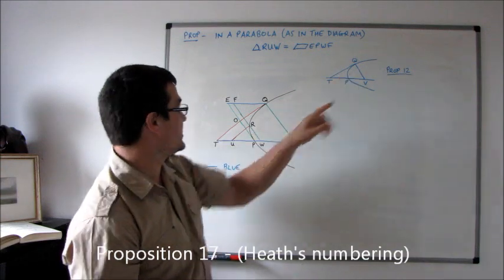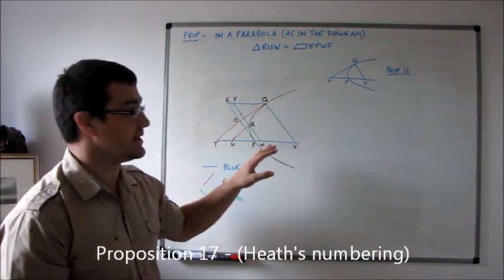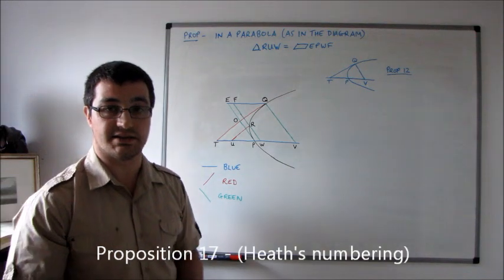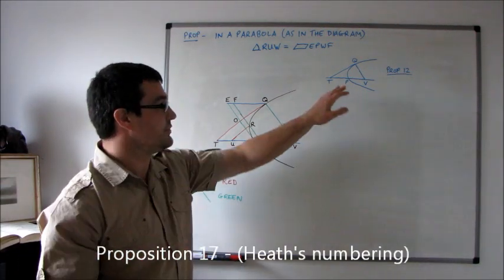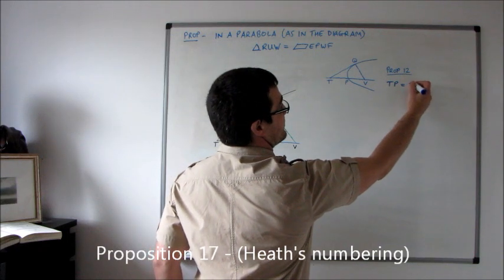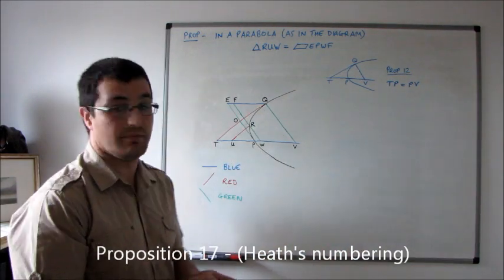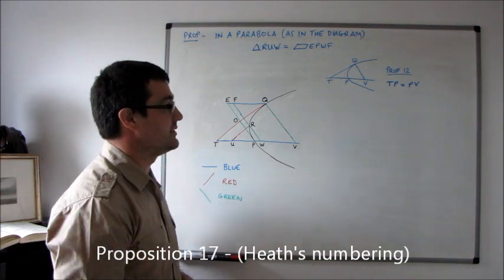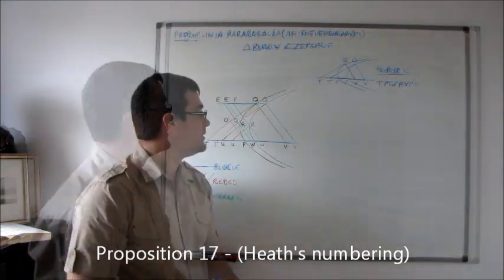So I've tried to use similar notation to what I'm using in this diagram, just to make it easier to make the comparison. We will be assuming this without proof, although it's proved in Apollonius's work and in Heath's translation.